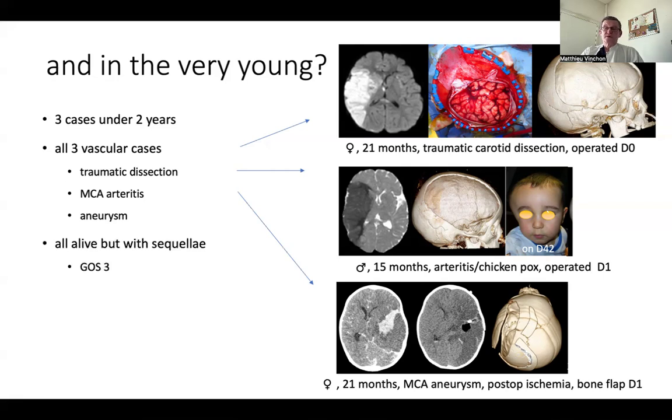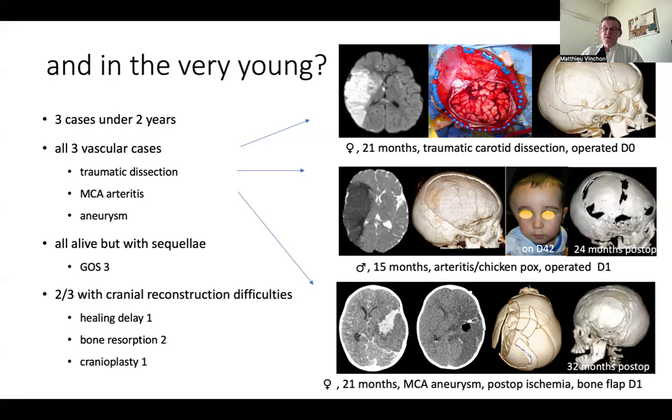And all these children survived, but all had sequelae, and 2 of them had extensive bone necrosis. One was associated with healing delay, and one of these children required cranioplasty.